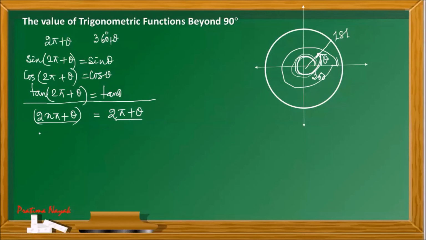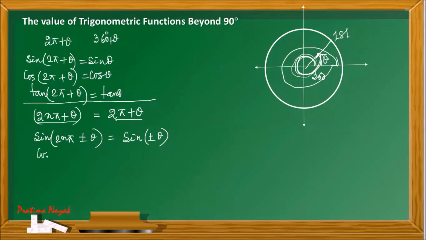So sine 2n pi plus or minus theta is equal to sine plus or minus theta. If it is plus 45 degree, then it will be plus 45 degree. If it is minus 45 degree, then it is minus 45 degree. Depending on the theta value, you can write.